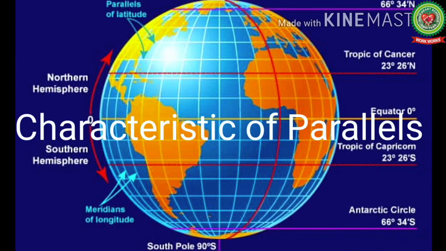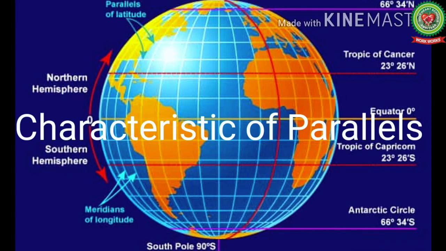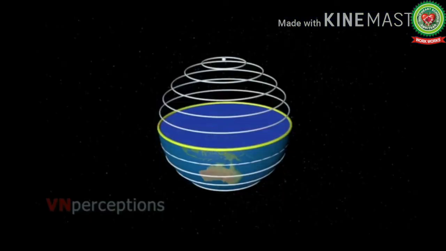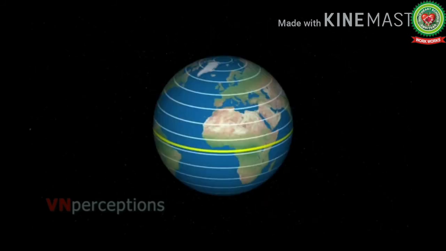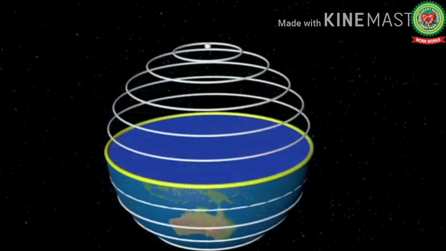Now next we are starting up with the characteristic features of the parallels. All the parallels form complete circles except 90° north and south, which are only points. The equator is the largest among all the parallels, hence also known as the Great Circle. The size of the latitude decreases as we move away from the equator towards the pole.